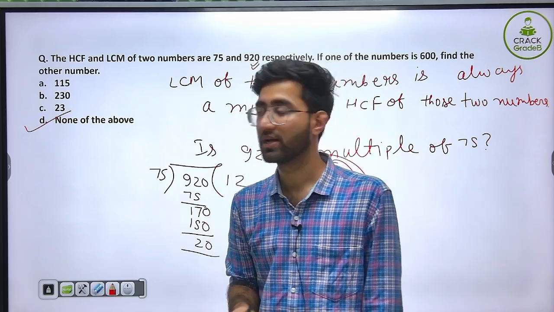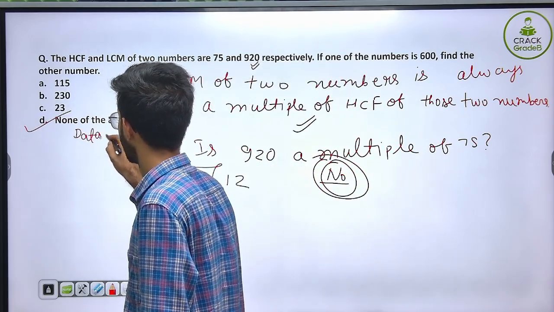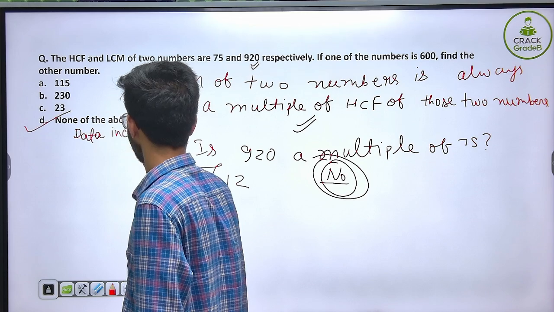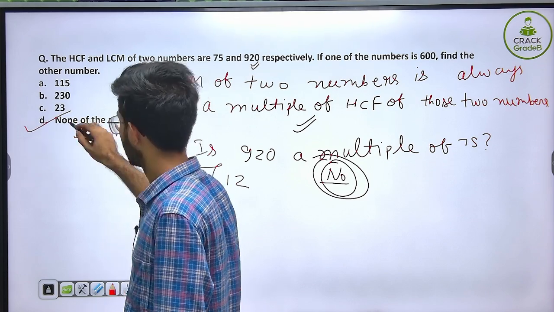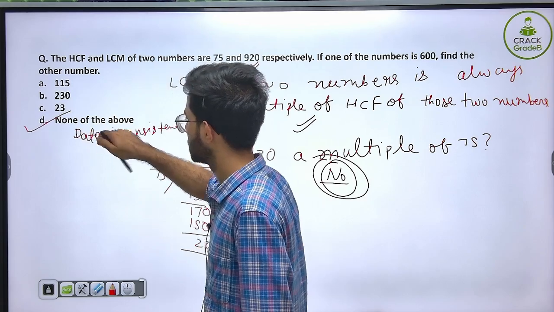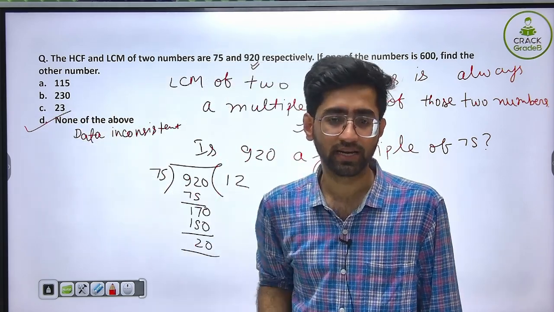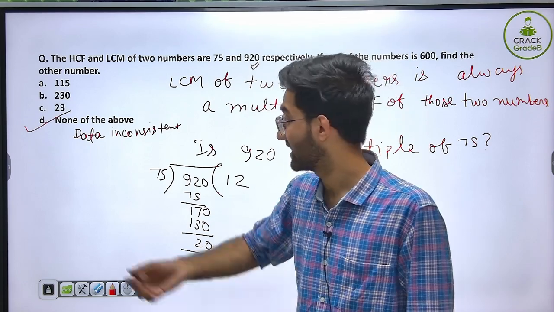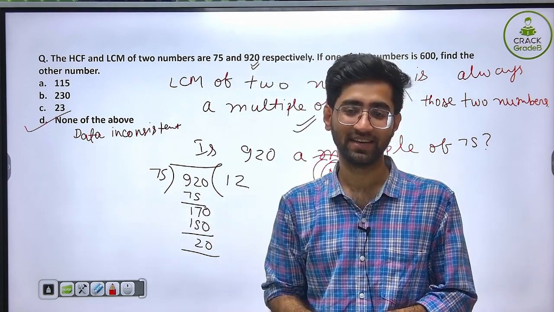Or suppose you get options like data is inconsistent. In that case obviously you will get one of these two options: either none of the above or data is inconsistent. In that case you will have to mark data is inconsistent, right?